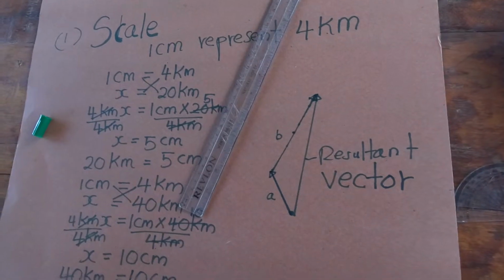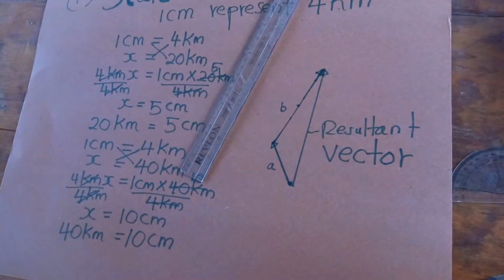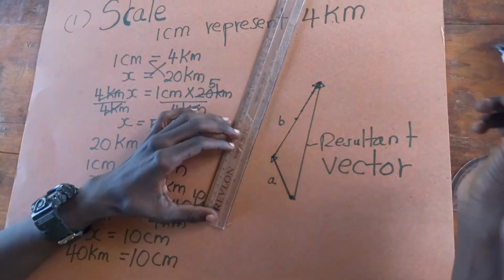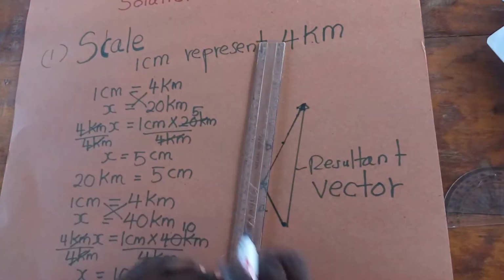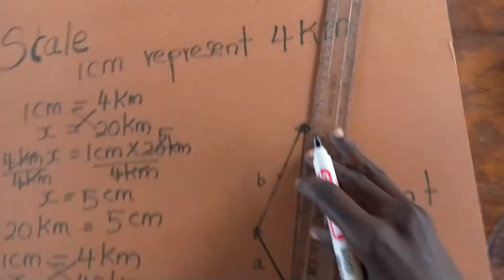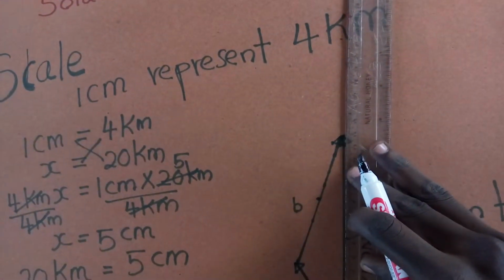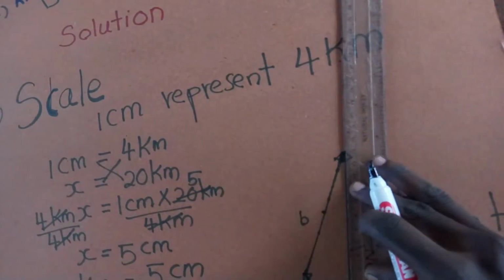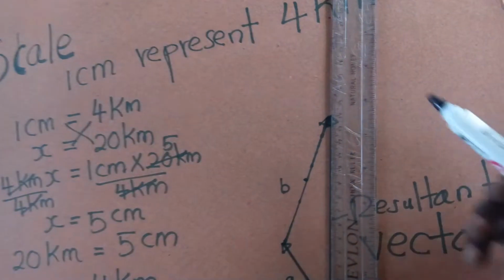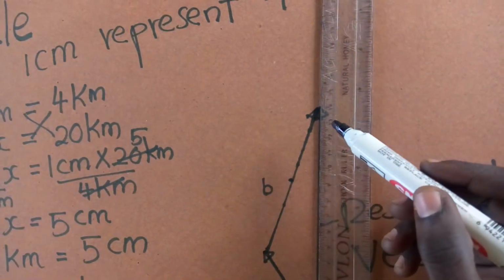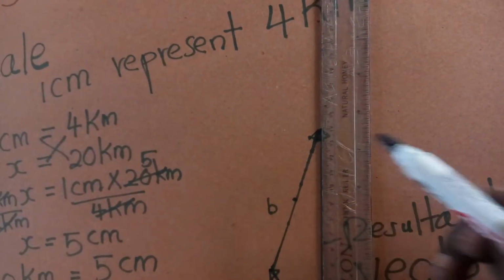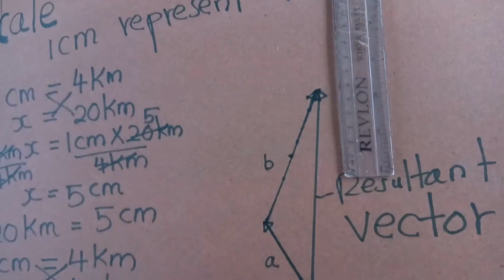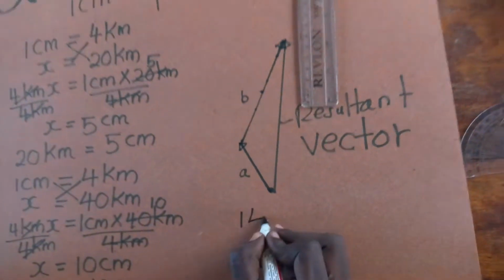As you can see, you're supposed to measure the length of the vector. Can you take a look? This is 14 centimeters.